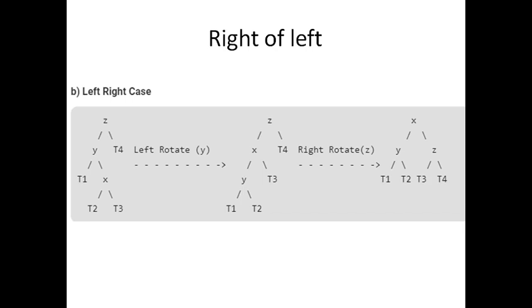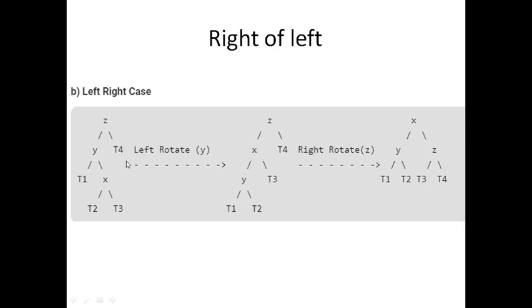Right of left means that the tree is unbalanced and the unbalancing happened in the left subtree, but within the left subtree there is unbalancing in the right subtree. Look at this example. You calculate the balance factor of the left subtree: 1, 2, 3 plus 1, 4, whereas this side it's only 1 plus 1, 2.